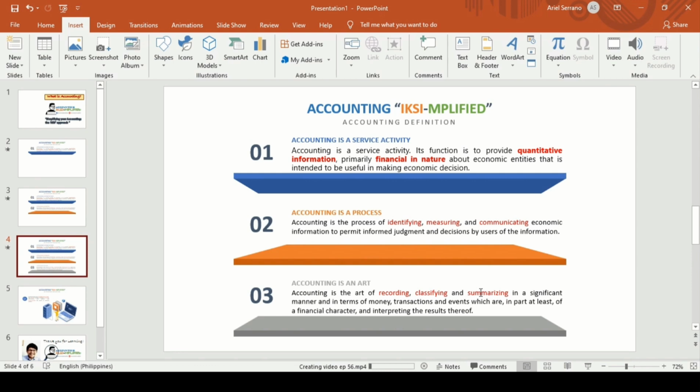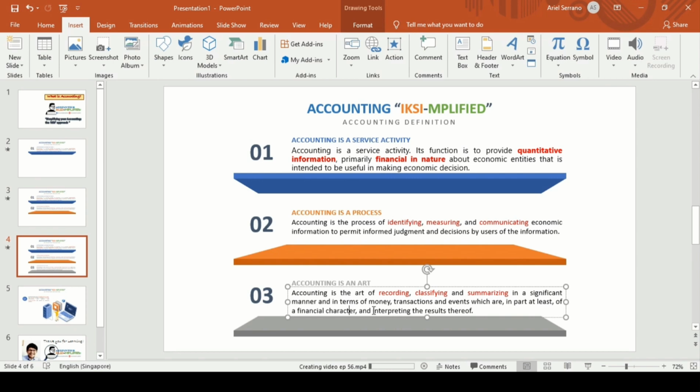And then we summarize them so that eventually we can communicate those data, again, for the users to decide on what actions to take. But in this case, we summarize in a significant manner, and of course, in terms of money, transactions which are in part at least of a financial character, and interpreting the results thereof.